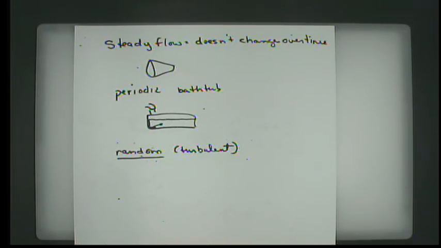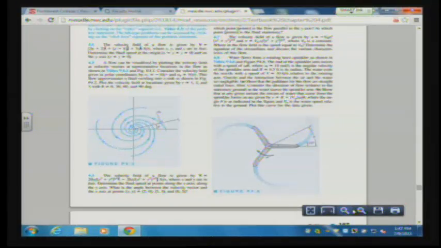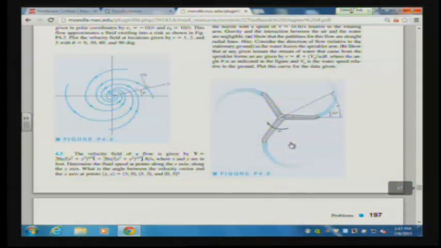All right. Now, if we take a look at 4.3 at the bottom of the page, I think you can see that.